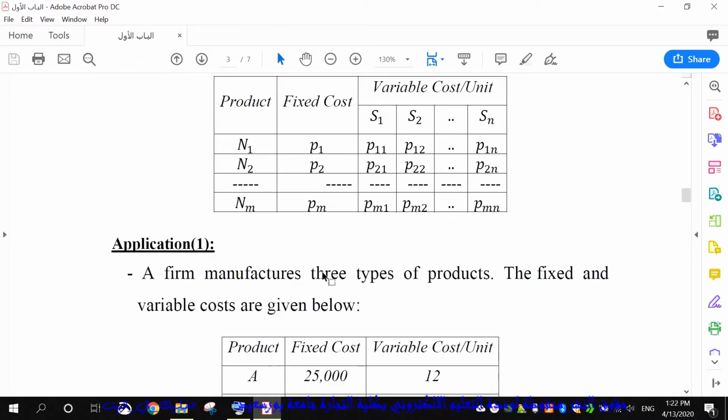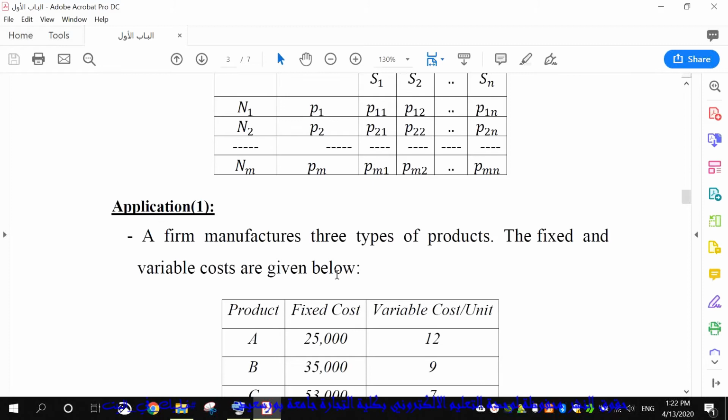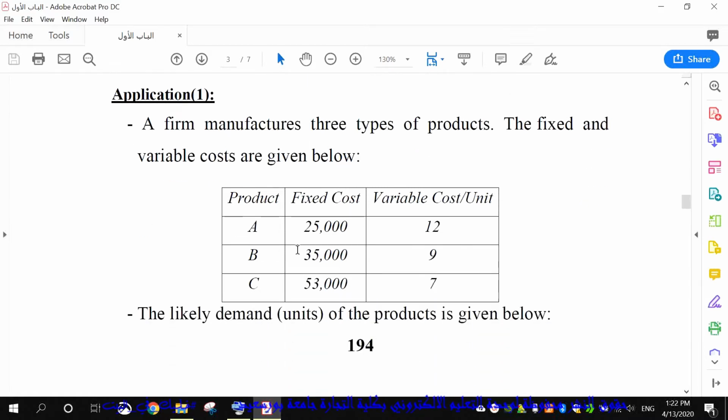Application 1. A firm manufactures 3 types of products. The fixed and the variable costs are given below. We have 3 types of products, A, B, and C, with a fixed cost for each type.